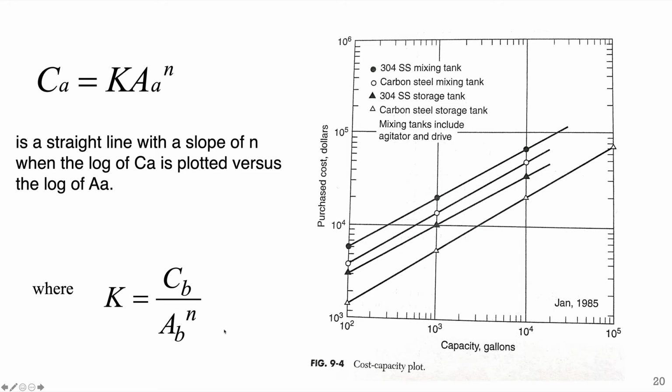Here it will be the cost per unit, the purchase cost in dollars of the equipment that you need over the capacity of that equipment. So anyways, these are graphs that you can get to do this. You can use the equation, you can use the graph. There are multiple ways that you can estimate this, depending on the information that you have available.